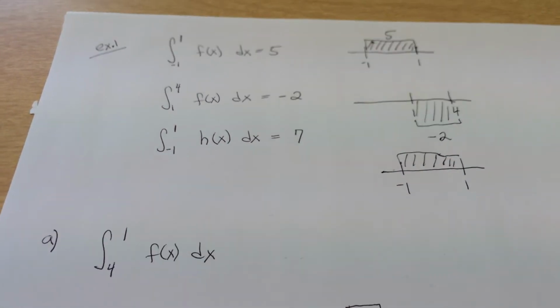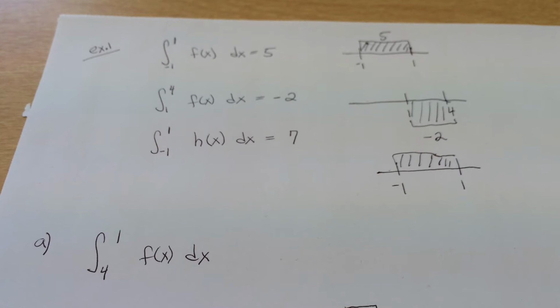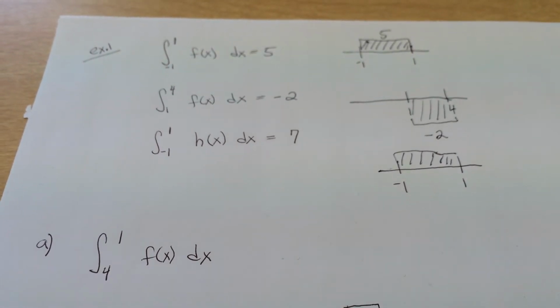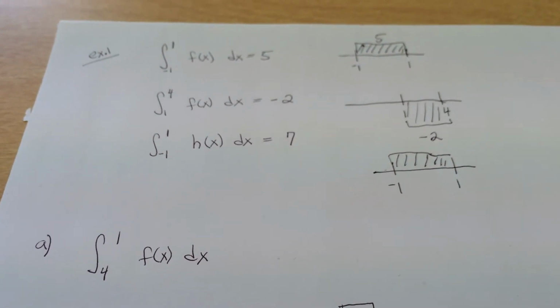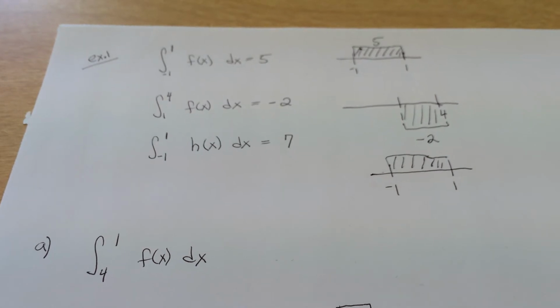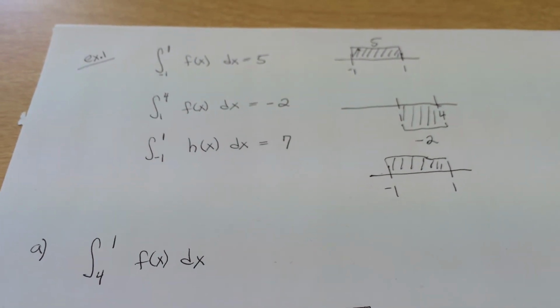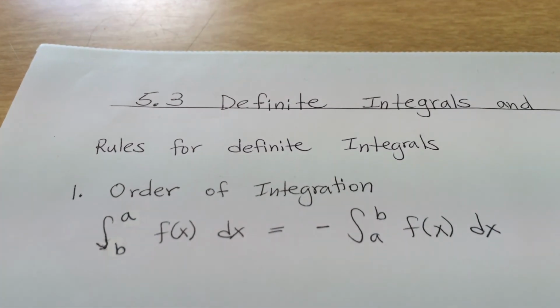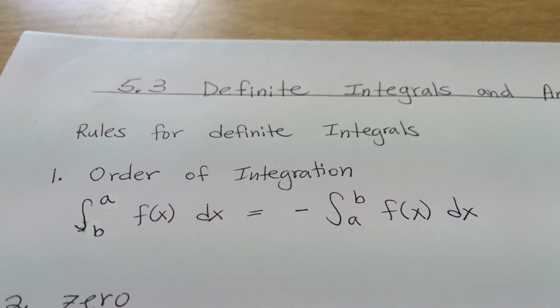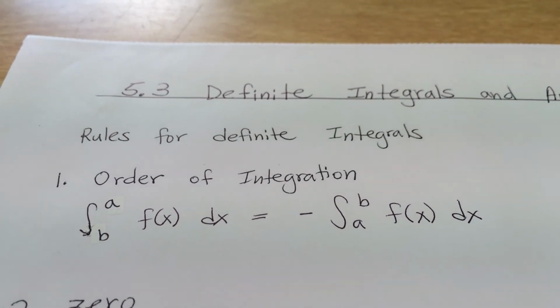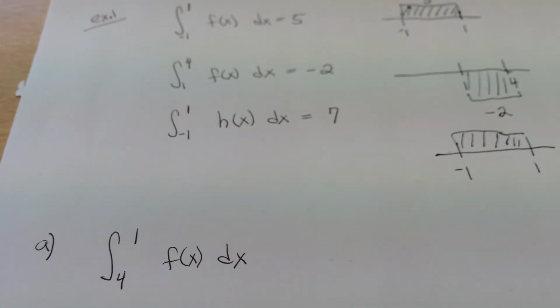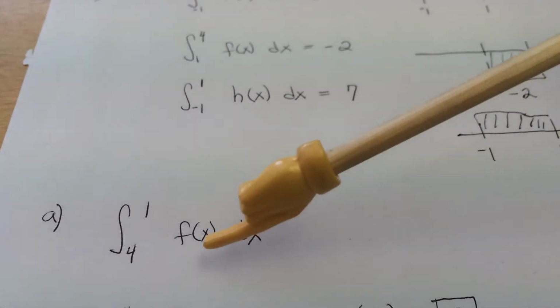So the first part says, now find the area when it's between the limits of 4 to 1 of f of x dx. Well then now, using the 5 rules that we went over, we said that one of the rules was that the order was important, right? The order meaning that the limits have to go from the smallest to the largest, from A to B. And in this case, the order is 4 and 1.